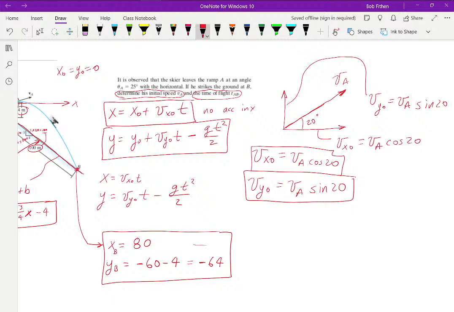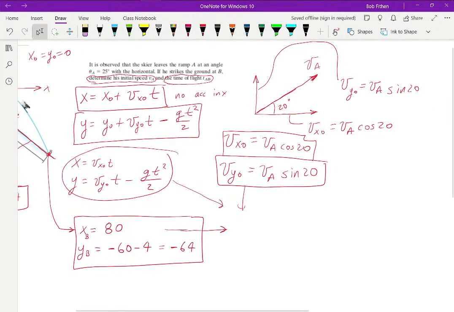So guess you could come back here, take this equation down, and say, combining these all together, xb would be Va cosine 20 times time, which actually I could just put in 80.